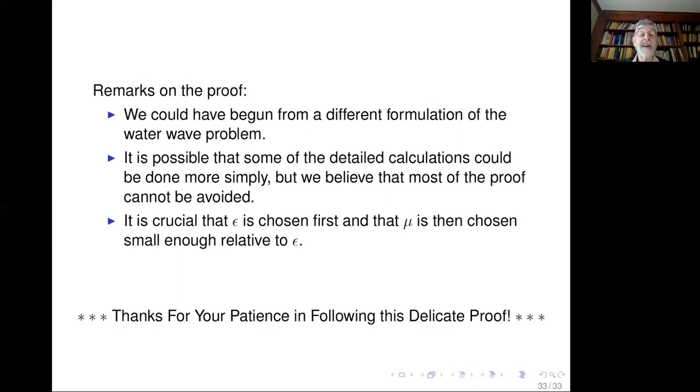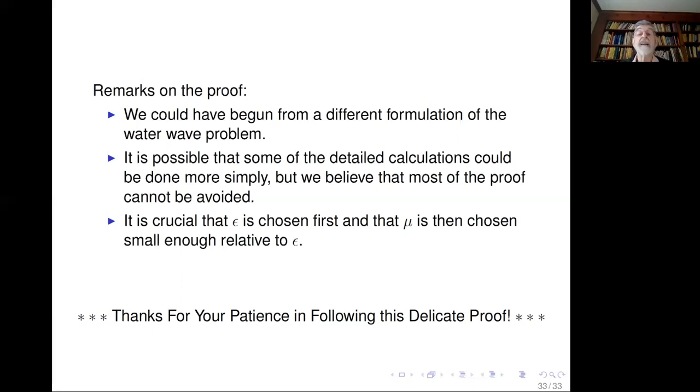I don't know. It's probably artifacts of the proof. I wouldn't attempt to say how big epsilon is. We'd have to study more about the error terms in order to see how big you might be able to take epsilon.